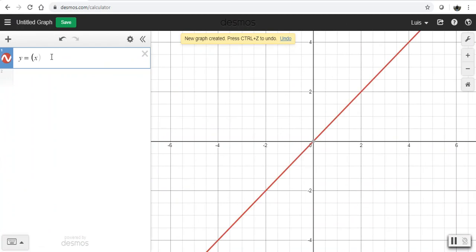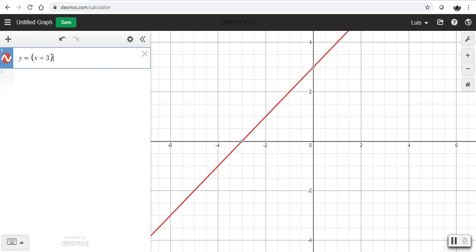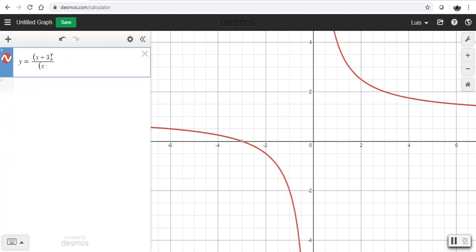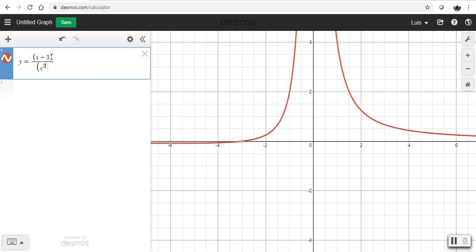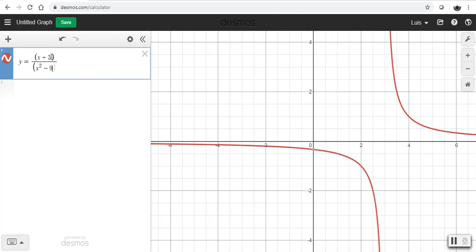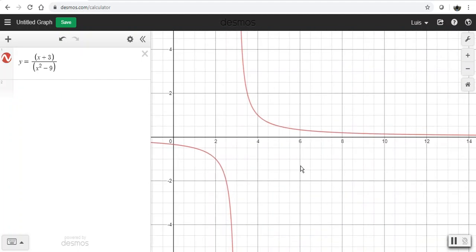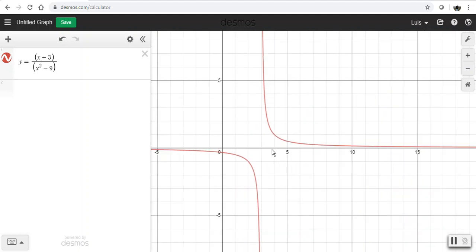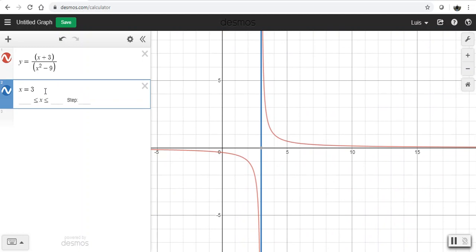We have x plus 3, divided by x squared minus 9, and then we close it. So this is our graph. We can put x equals 3 in as well, so you can see what's happening. This is our vertical line, like an asymptote.